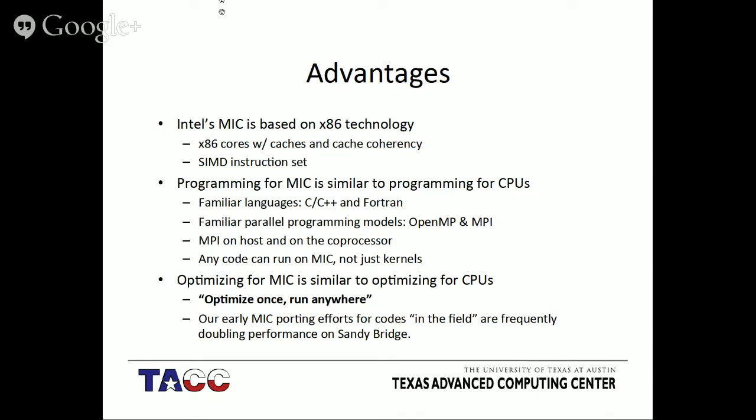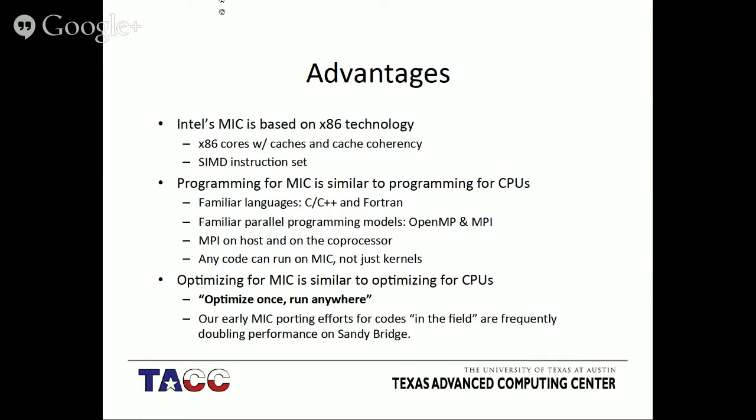And that means that in some cases you are not forced to identify kernels in your code and only run those kernels on the Xeon Phi. That would be the technique that you use when you program for GPUs. But here you have a little bit more flexibility.